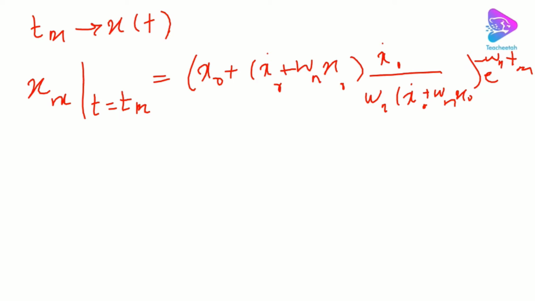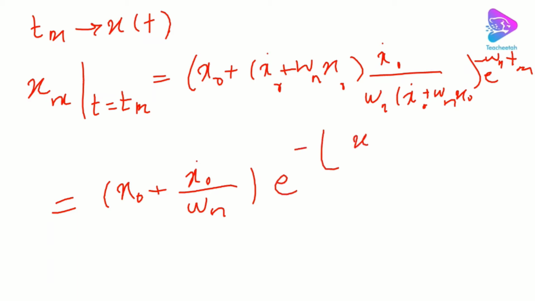If we do this and simplify it, it would be equal to x naught plus x dot naught divided by omega n times e to the minus x dot naught plus omega n x naught over x dot naught times omega n, right?